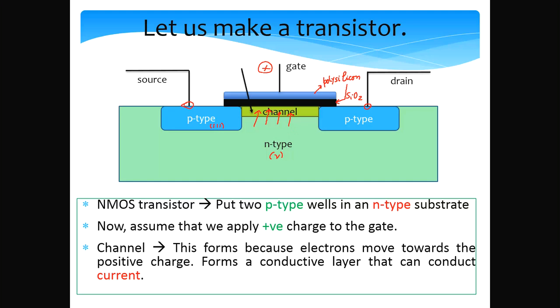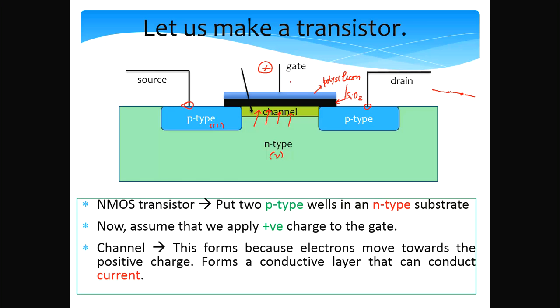And the channel over here, which is rich with electrons, is a conducting channel because it has a lot of charge carriers. So it will be possible to actually pass current from the drain to the source via the channel. Right, so that is a possibility. And so thus the transistor, in this case, the switch will in a sense close. So basically current can flow.